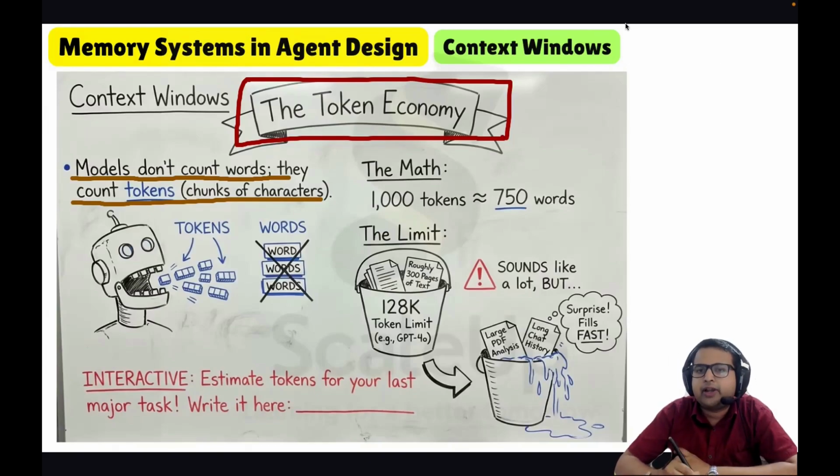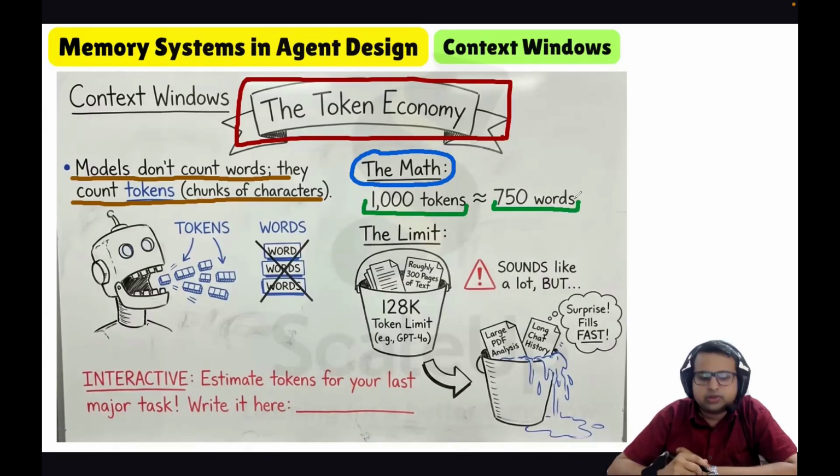If we compare tokens with words mathematically, we can say that 1000 tokens is roughly 750 words. And if we discuss the limit, we know that the context window is limited.